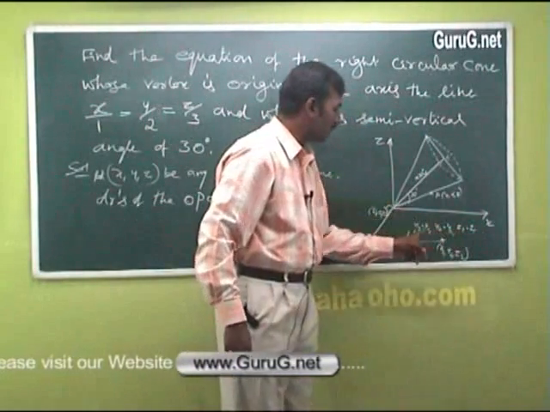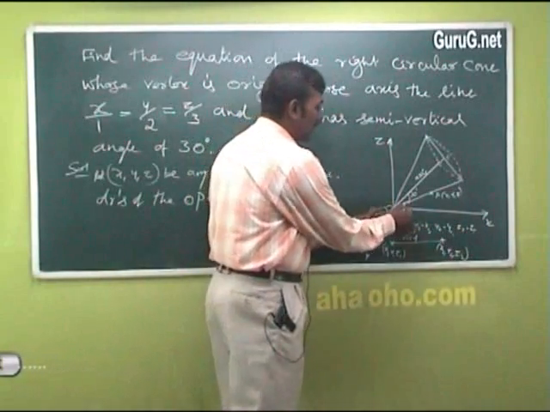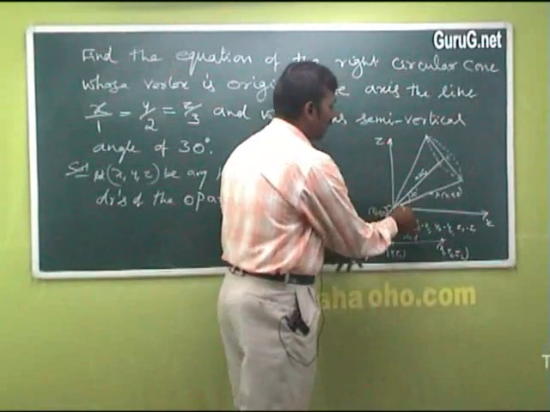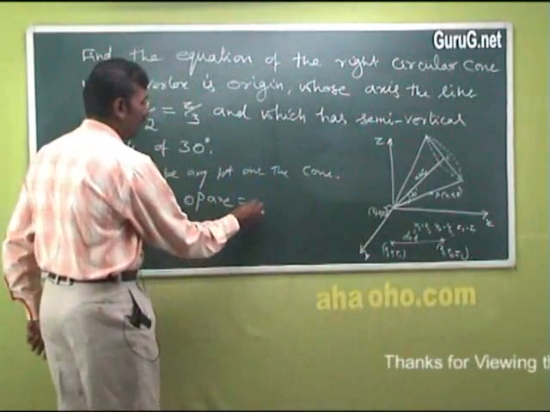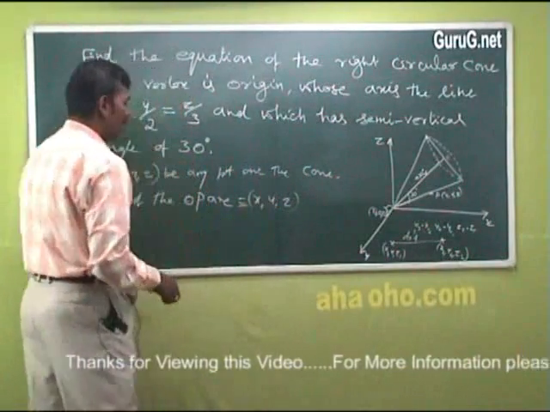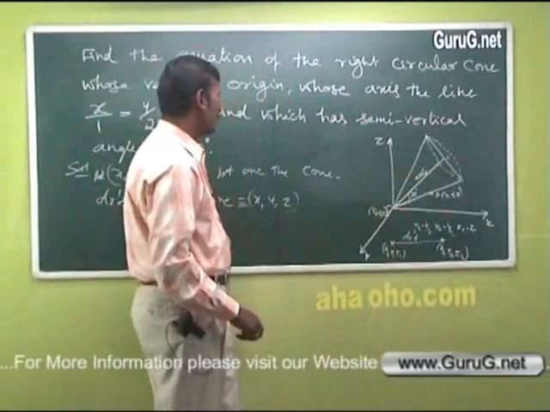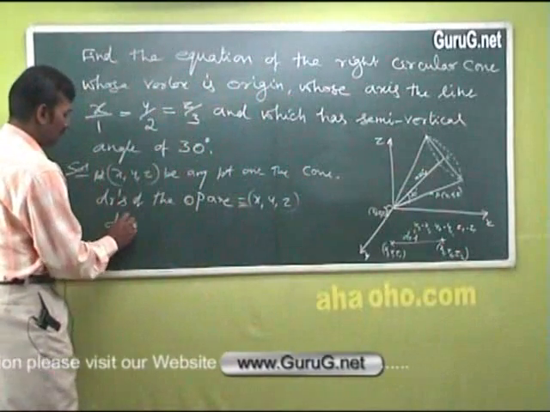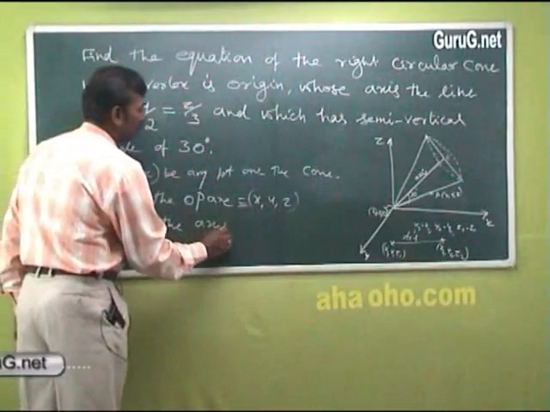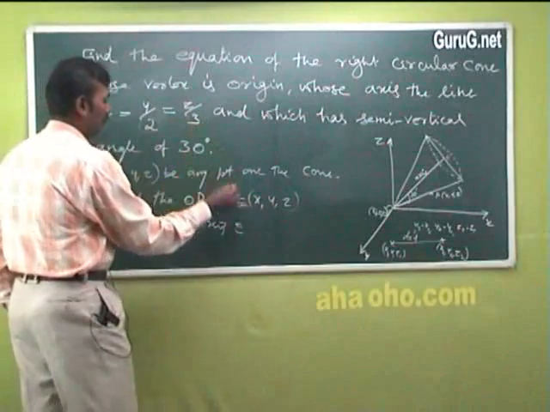So this is nothing but the DRs of this straight line. So here the origin and this point, this is a line passing through this origin and this point. So DRs of OP is nothing but x, y, z. So DRs of OP are x, y, z, right? So DRs of the axis are this denominator, so 1, 2 and 3.